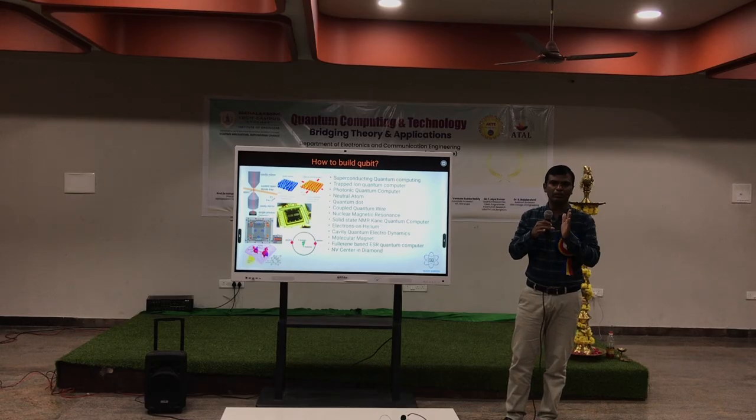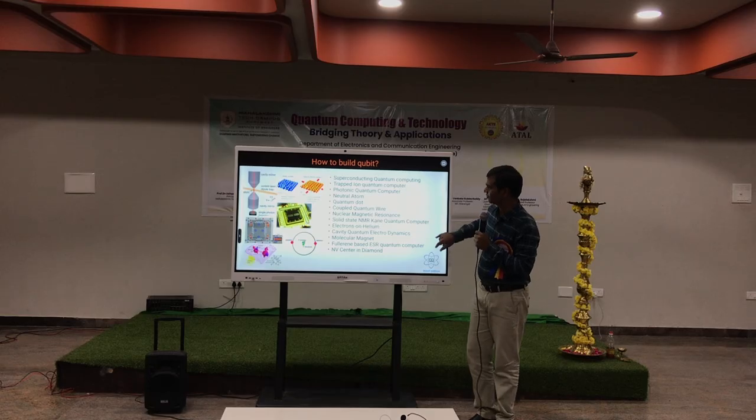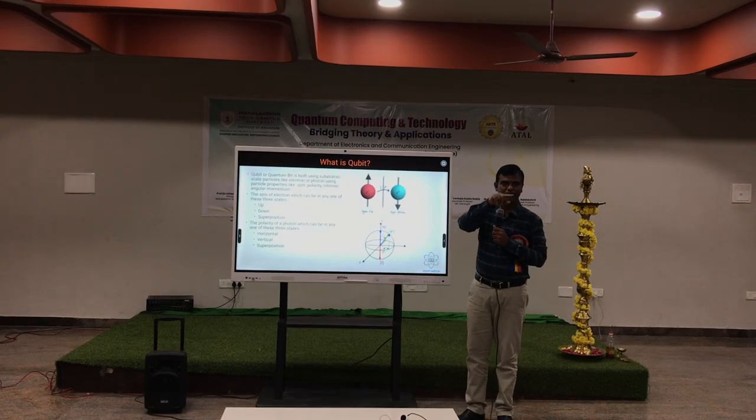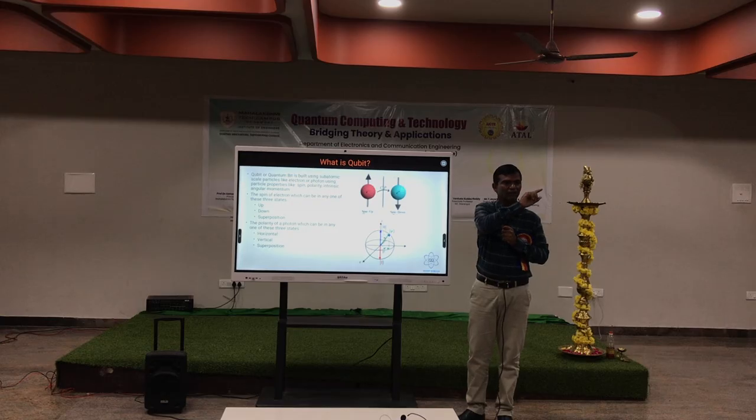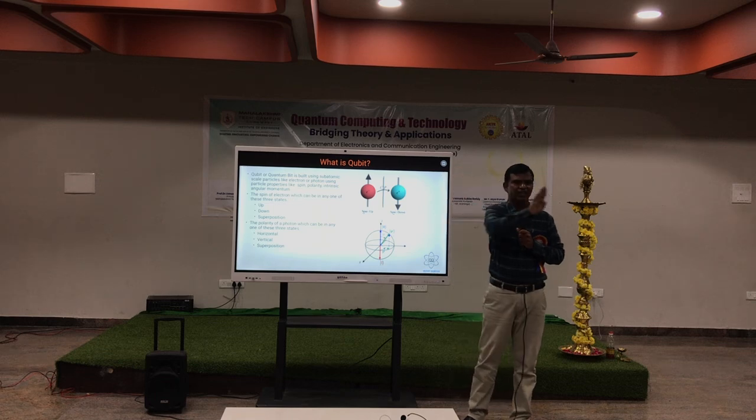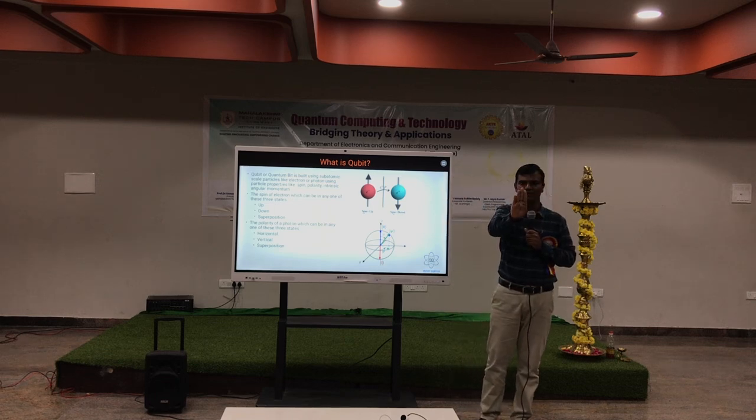But here it is in the form of column vectors. Similarly ket 1. In normal classical computing 0 will be there, but here it will be in the form of vectors. Keep in mind the state will be in vectors, and the manipulations you are doing will be matrices.